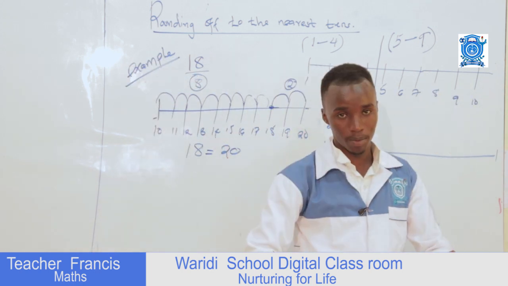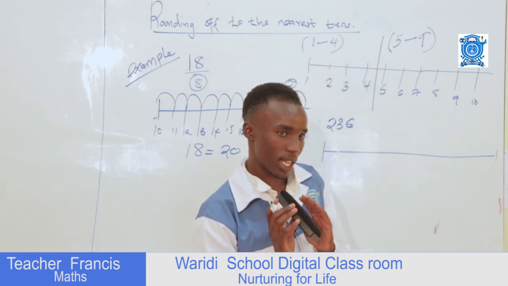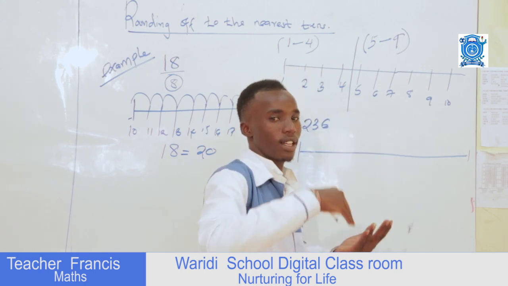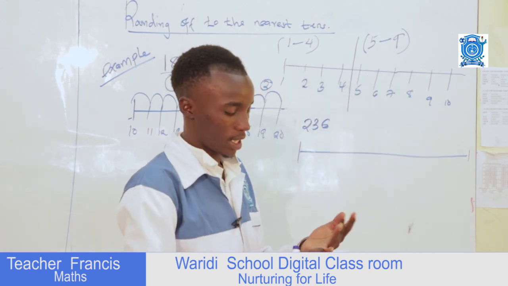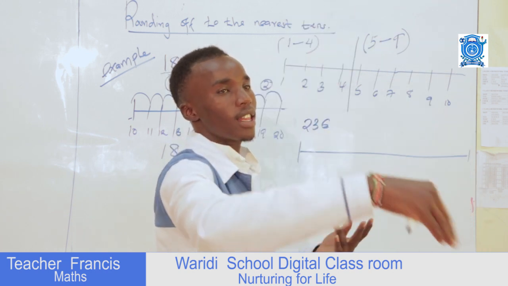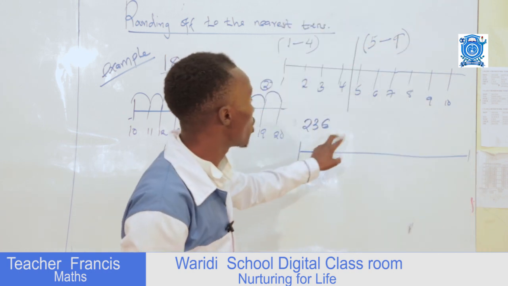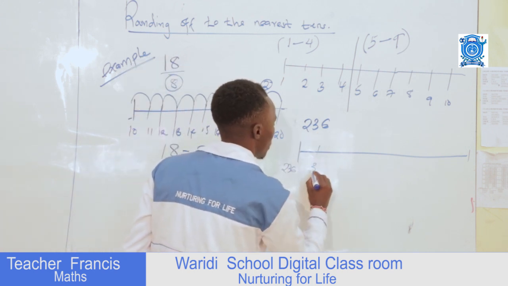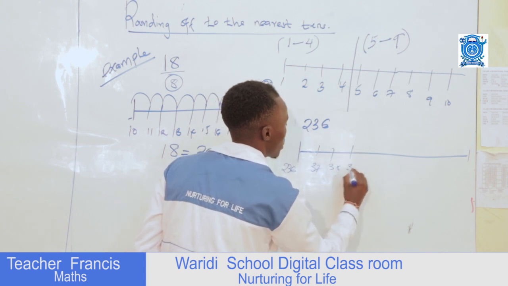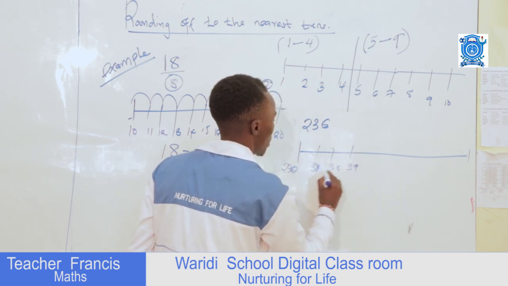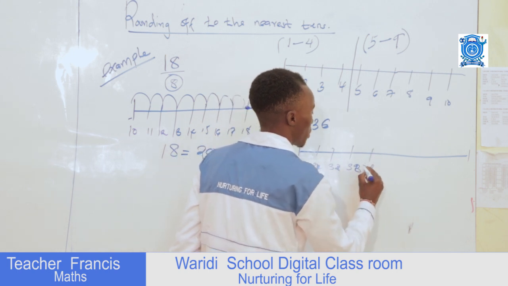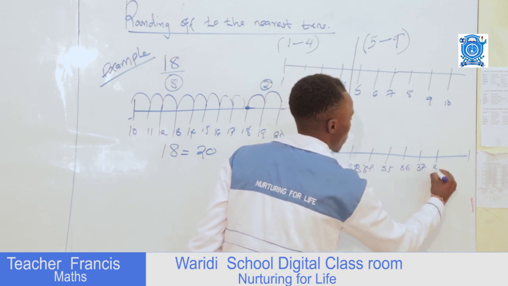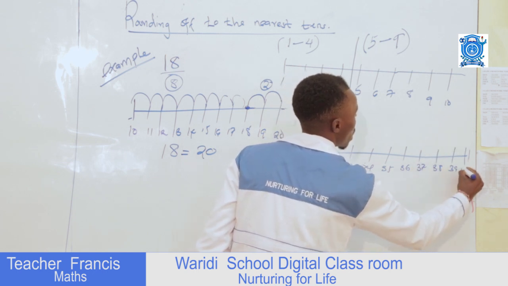Then count the number of steps there. If I move from 236 forward, I count 237, 238, 239, and 240. And if I move from 236 backward, I count 235, 234, 233, 232, 231, 230.